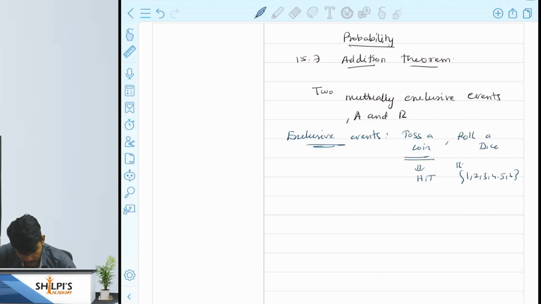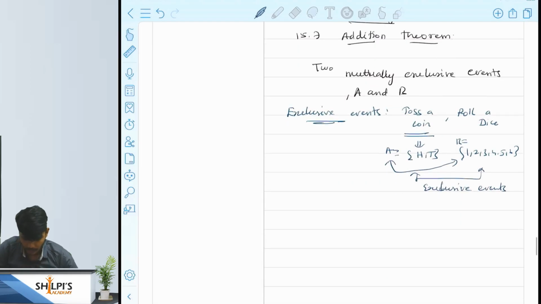So if I take this event as A and this event as B, there is nothing common for these two events. So these two events will be called exclusive events. This is how we will define exclusive events.